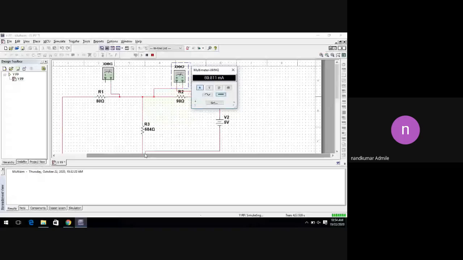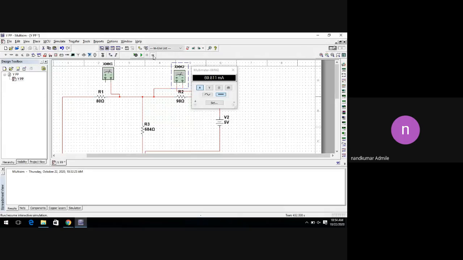Note down the values of V1, V2, I1 and I2 and then you can calculate the values of the four parameters. So this is the simulation of y parameters. By using Multisim software we can easily calculate the various y parameters.